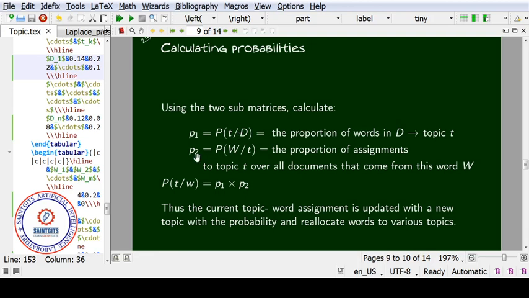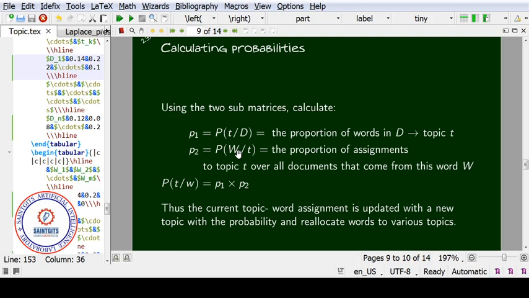And similarly P2 is equal to P of W given T. It gives the proportion of assignments to topic T. We fix this T, and take the proportion of assignments of words to T over all documents for a particular word W. That means we fix a particular word. Then we count how many times that word appears in the whole set of documents. In our example, there are 20 resumes. Education is our word. We scan through all the documents to see how many times education happens. Suppose it is 300 times.